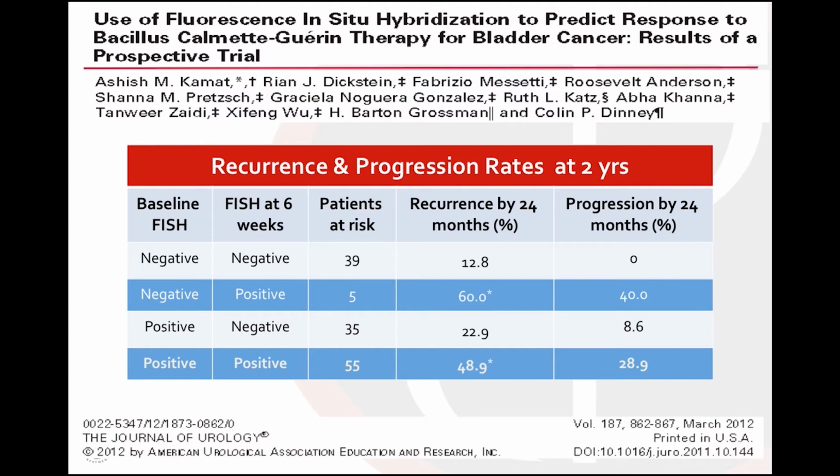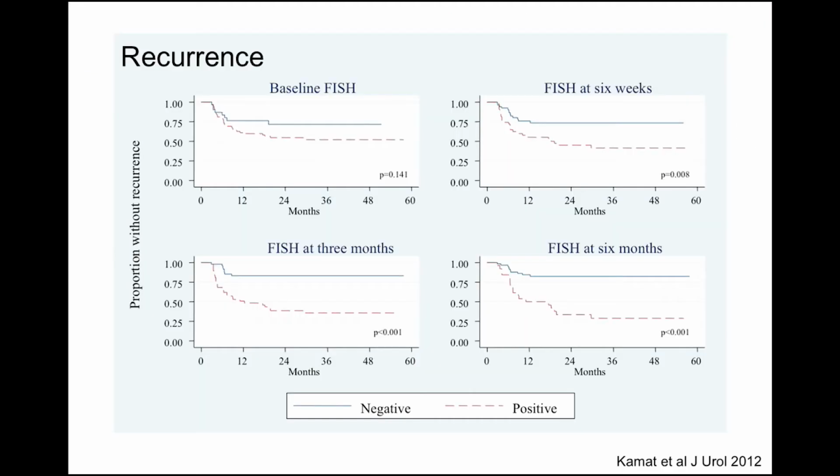You'll see in the 2 rows highlighted in blue that the patients who have a positive FISH 6 weeks after induction BCG, whether they started with positive or not, have a high risk of recurrence and progression. And so Ashish Kamat has proposed this idea that we use FISH after induction BCG as a marker of failure and prioritize the patients for alternative treatments, including clinical trials.